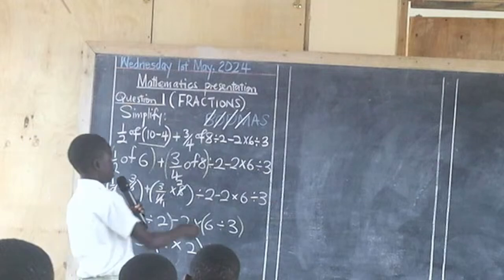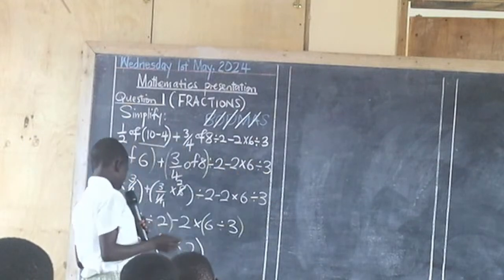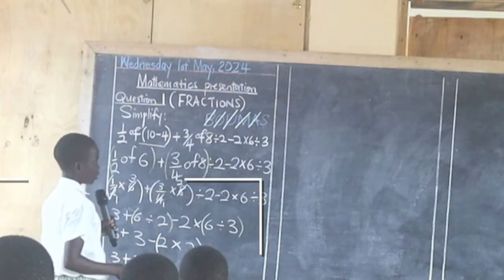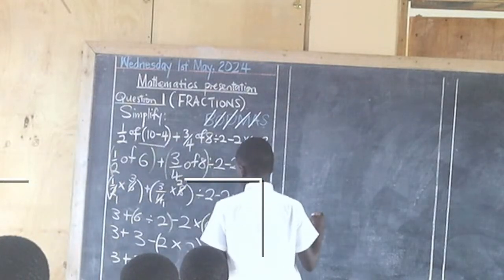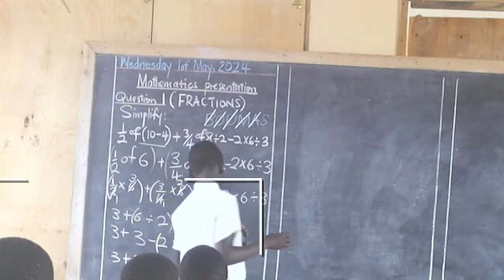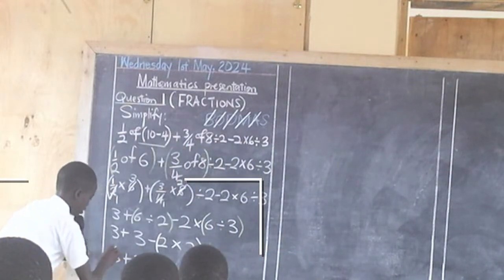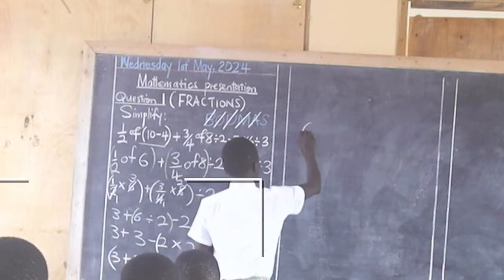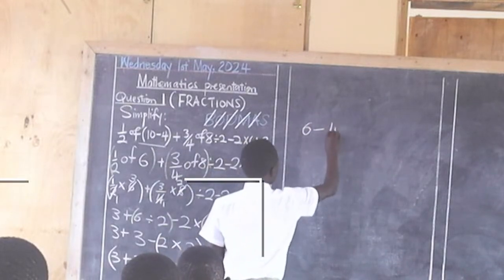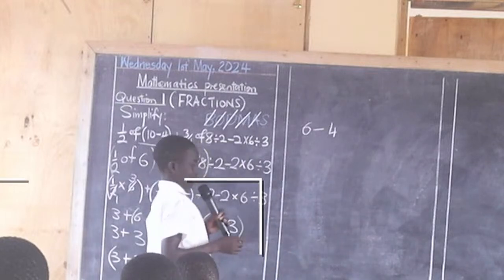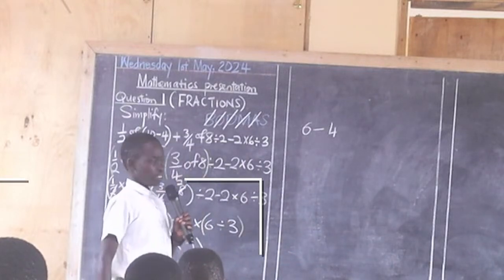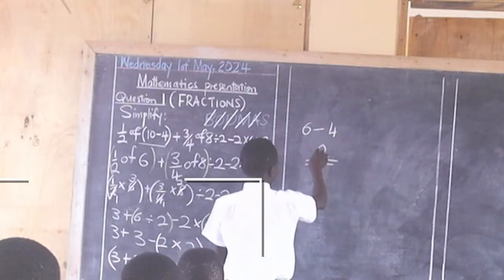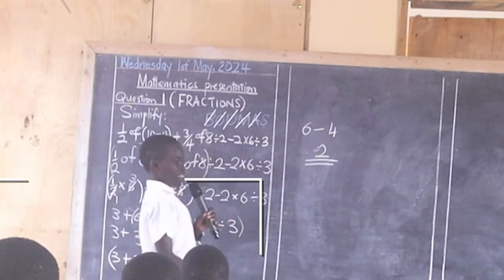Now it's addition. 3 plus 3? 6. Now I get my 6 minus 4. What's 6 minus 4? 2. So our final answer will be 2.